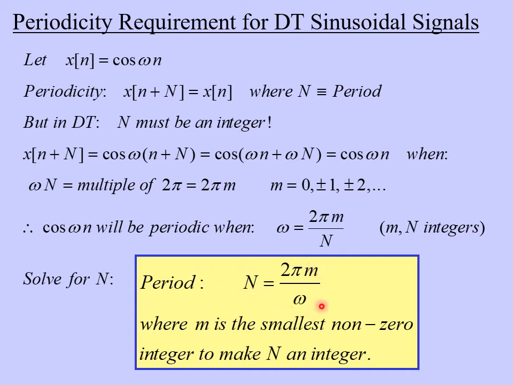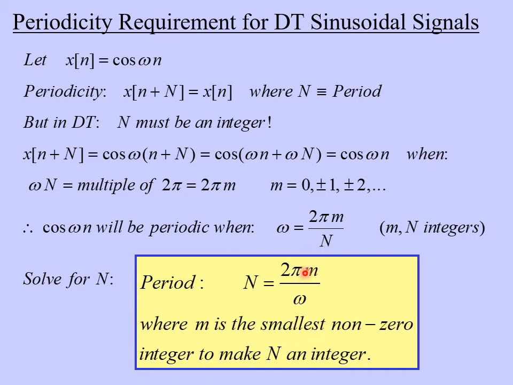This is the important thing. This is like the test. The period of our signal or sequence, N, has to be equal to 2 pi times m over omega. Now we know what omega is. Omega is the frequency of our signal, which we can get by just inspection, by looking at it. m is the smallest non-zero integer needed to make N an integer.